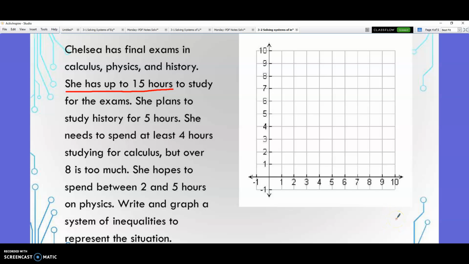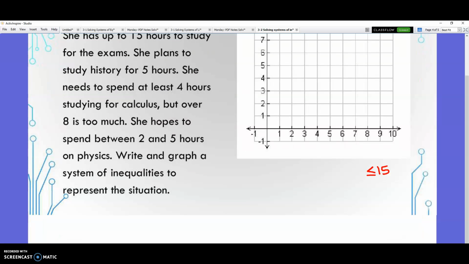She can study less than or equal to 15 hours. Okay, so something has to be less than or equal to 15. What is less than or equal to 15? Well, the number of hours that she studies for all of these classes.